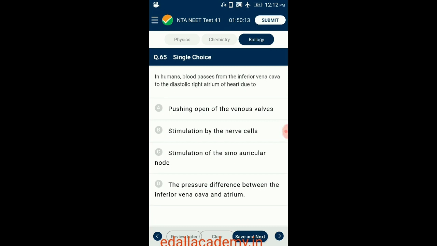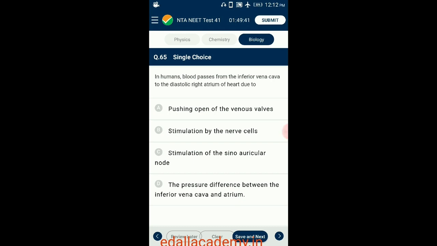Question number 65. In humans, blood passes from the inferior vena cava to the diastolic right atrium of heart due to. The action of the heart includes contractions and relaxations of the atria and ventricles. The contraction of heart is called systole and the relaxation is called diastole.